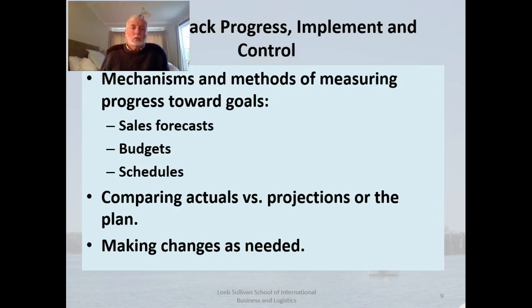Mechanisms to measure. How do we know whether we're getting where we want to go? Measurement is really important. It's oftentimes difficult, but if we don't measure, we don't know if we're succeeding. So we have to figure out measurements that allow us to know whether we're getting where we want to go.